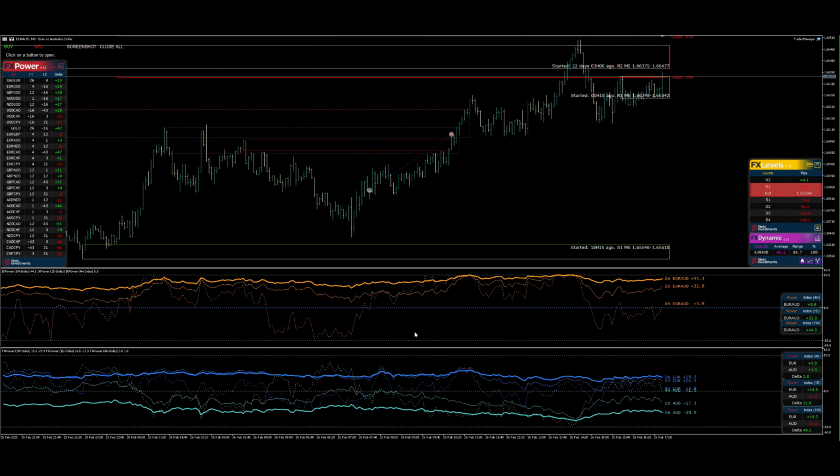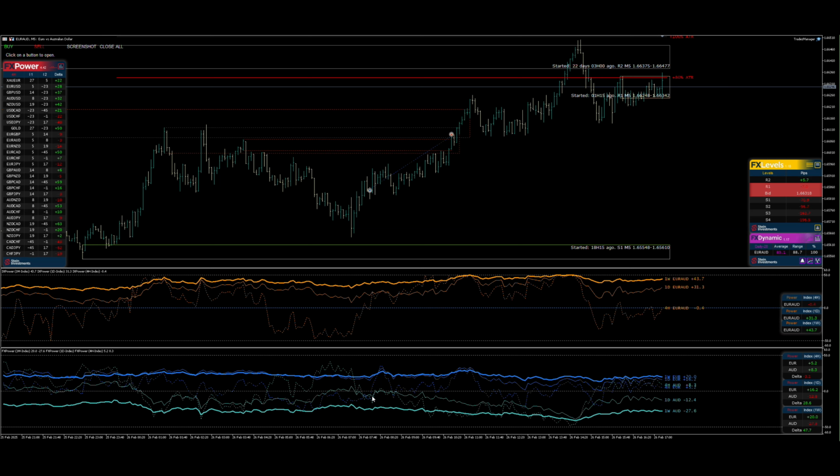For this trade recap, I modified my chart, and now you can see we have the FX Power section here in the middle and the FX Power section right below, so we can check for both strategies. In the upper one here is an easy scalping strategy setup, where the short-term analysis touched the extreme opposite, then came back into the direction of the long-term trend, which is here this thick line.